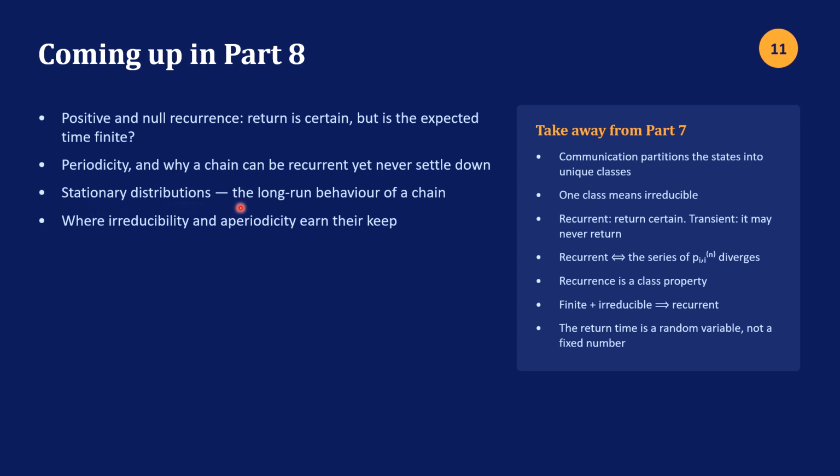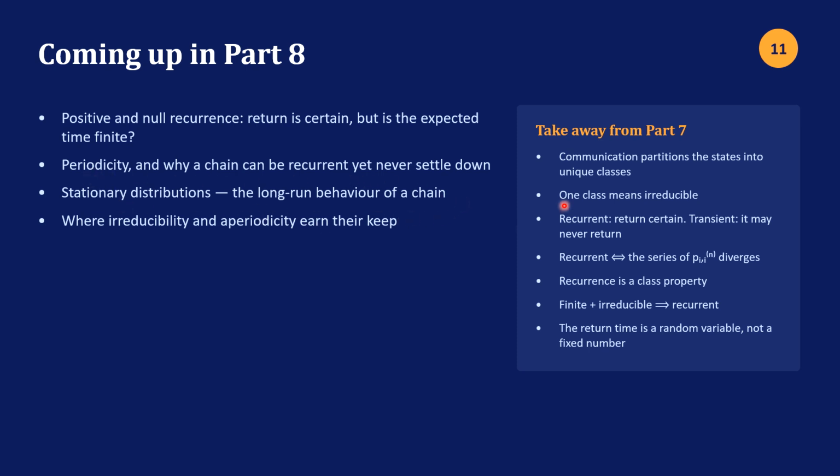Stationary distributions, the long run behavior. So for the finite irreducible case, for example, if you run your Markov chain indefinitely, you're going to see there's a probability of being in different states a percentage of the time, and that's computable.